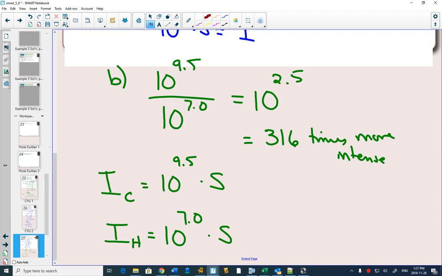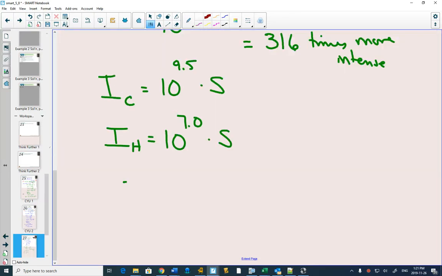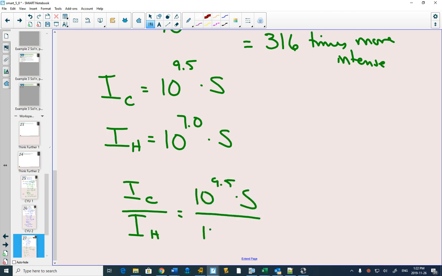And if you're wanting to find out how many more the Chile one was than Haiti, well, intensity of Chile divided by the intensity of Haiti would be 10 to the 9.5 times S divided by 10 to the 7.0 times S. And you can see why the S's really don't matter. They would just cancel each other out. And you'd get the same idea that you're going up by 2.5.